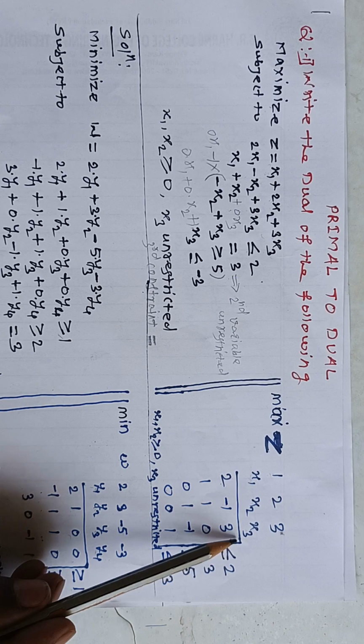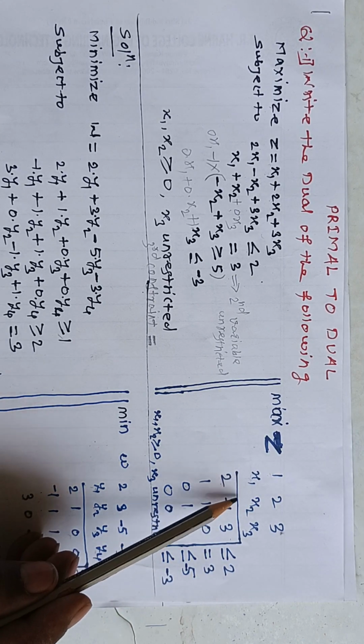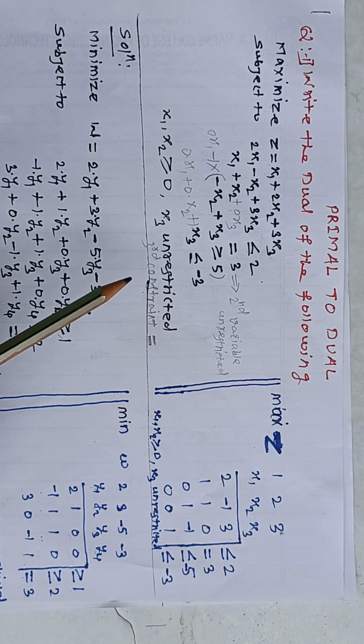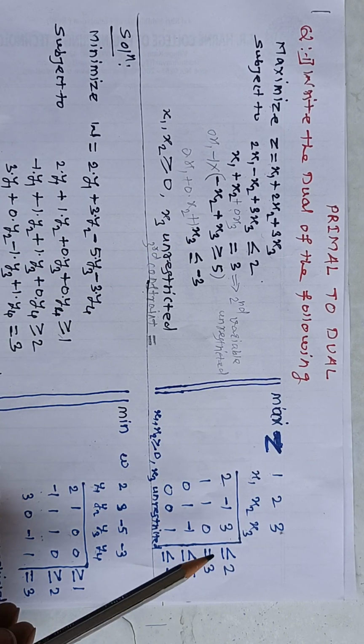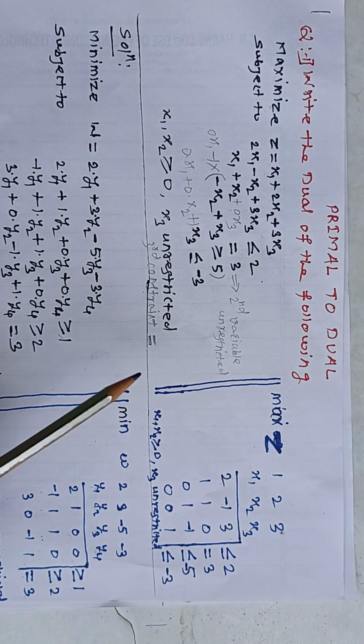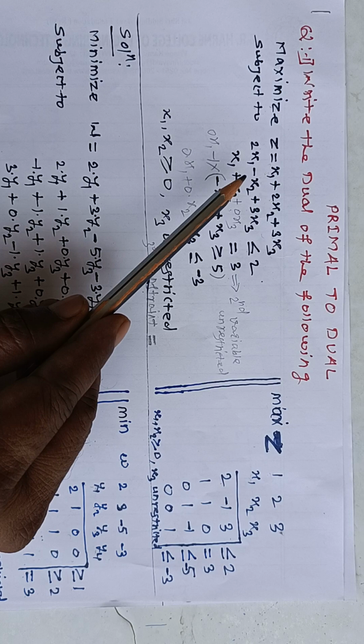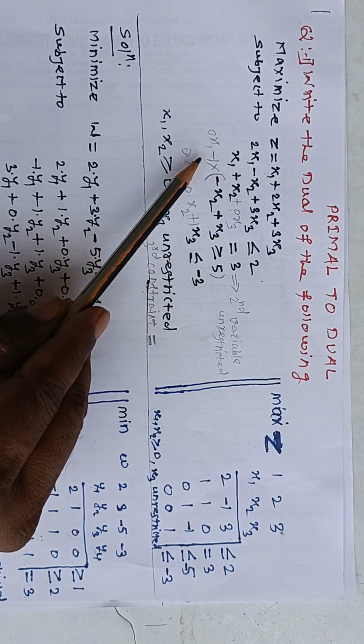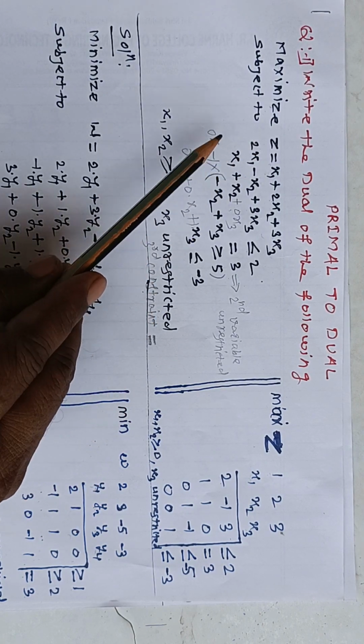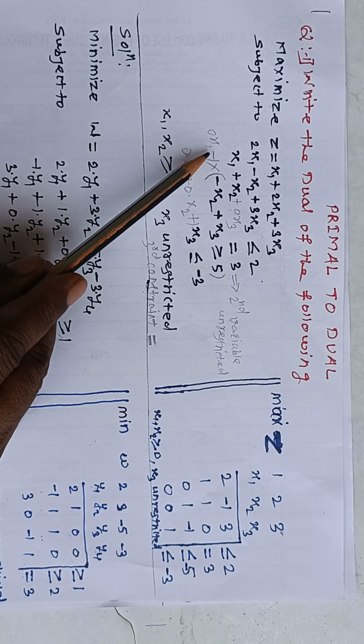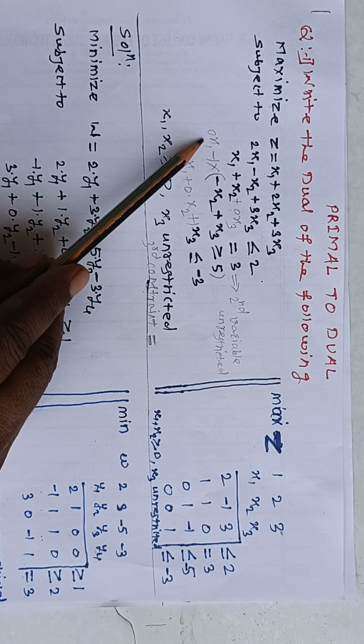Then draw a horizontal line and a vertical line to write the constraints. Below this line, the coefficients of x1 from the first column will be 2, 1. Here x1 is not present in the third constraint, so the coefficient of x1 will be 0.